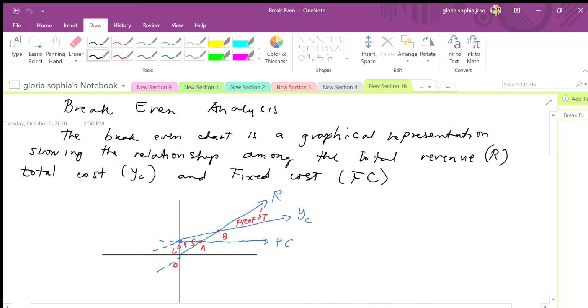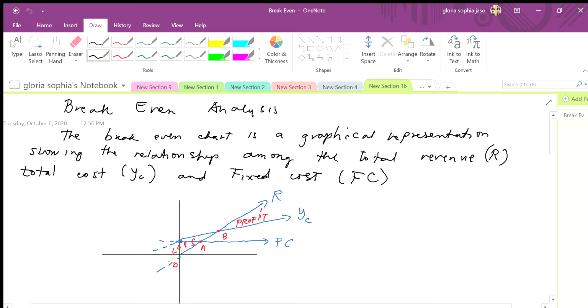As we can see here, FC is just a horizontal line on the graph, and then YC has a positive slope, and it passes through the point containing the FC.